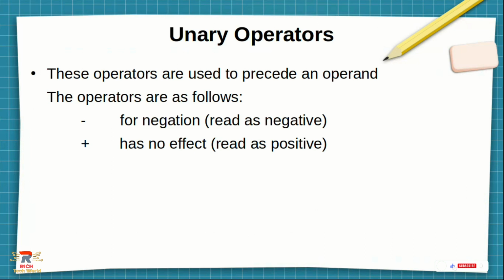Why do we precede these operands with these operators? For instance, if you want to read a particular operand as a negative value, you use the negative operator under the unary operators.